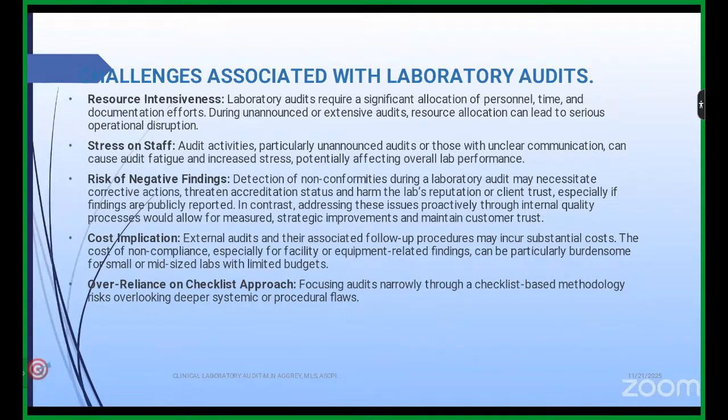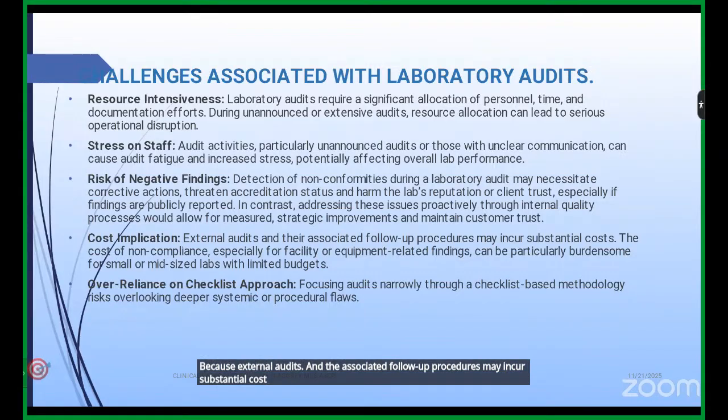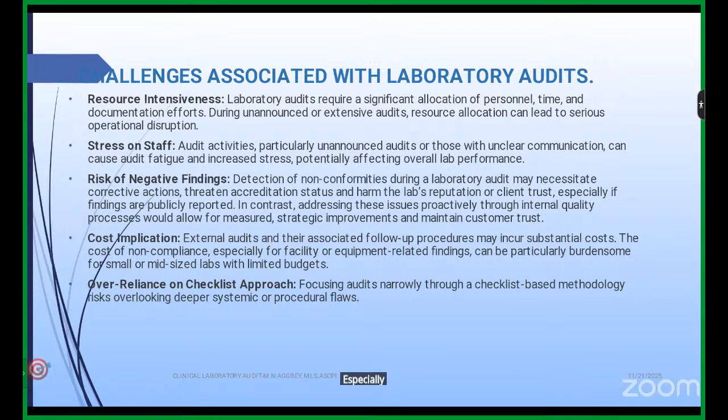Laboratory audits also are costly. Yes, this moves in resource intensiveness, because external audits and the associated follow-up procedures may incur substantial costs. The cost of non-compliance, especially for facility or equipment-related findings, can be particularly burdensome for small or mid-sized labs with limited resources.